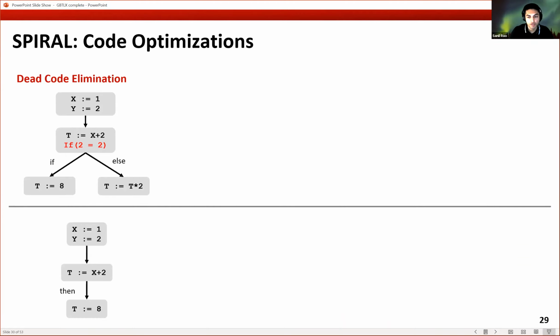At this stage, some classical compiler optimizations are performed, like dead code elimination. This is an optimization where statements that don't affect program results can be removed. So we have an if statement here that always evaluates to true, so we just remove the if statement and the associated else branch.